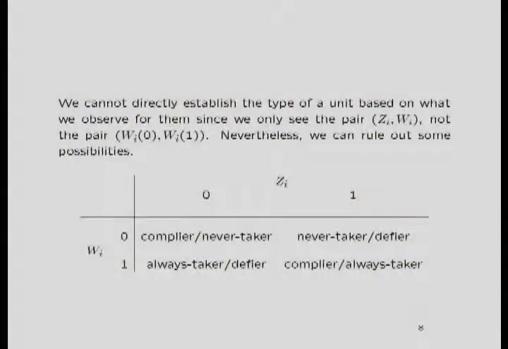Before doing that, however, let me make one more comment. We can't directly tell what the type of a unit is. We can rule out some types for a particular individual based on what we see about them, based on the pair Ci and Wi, but we won't be able to rule out all possible alternative types. And so without making any additional assumptions, we can for each individual tell that they belong to one of two groups.